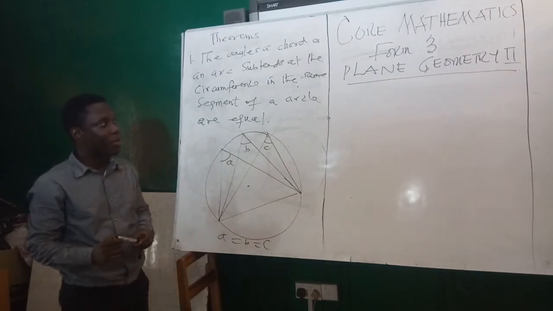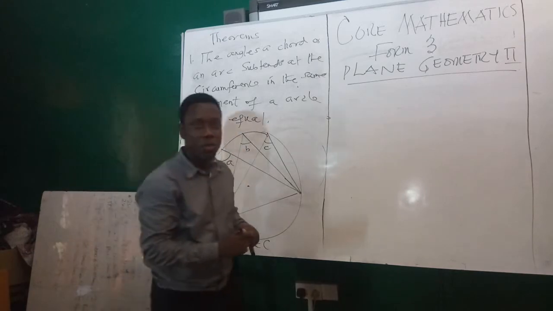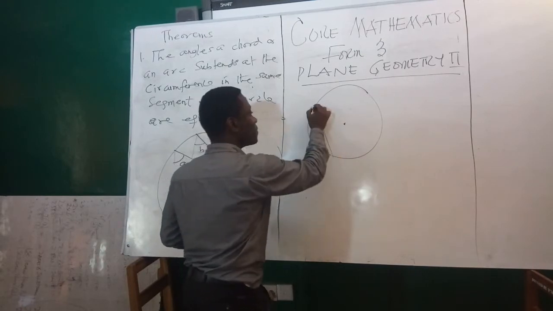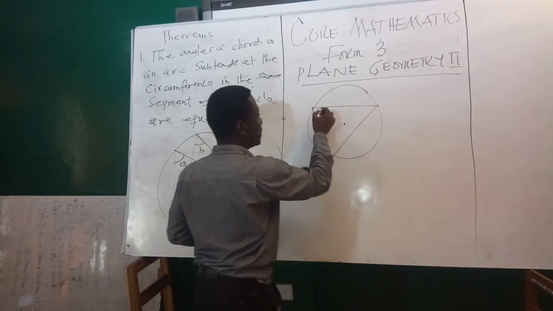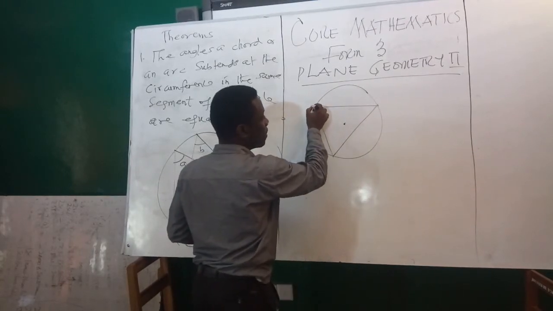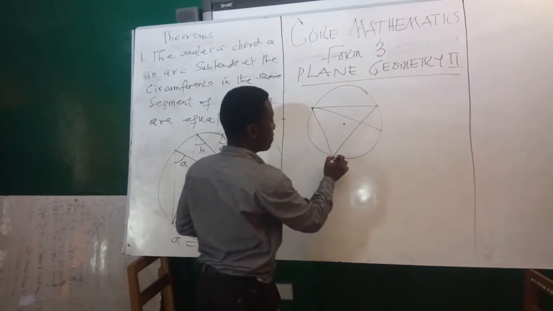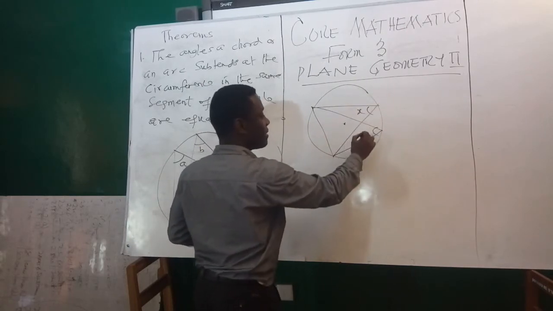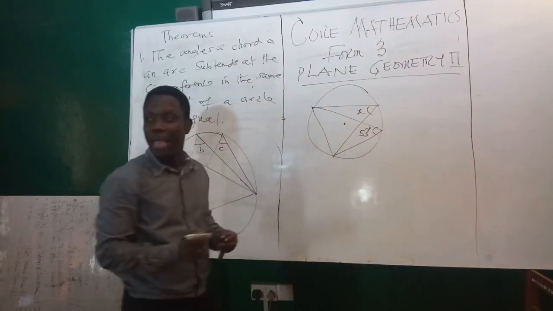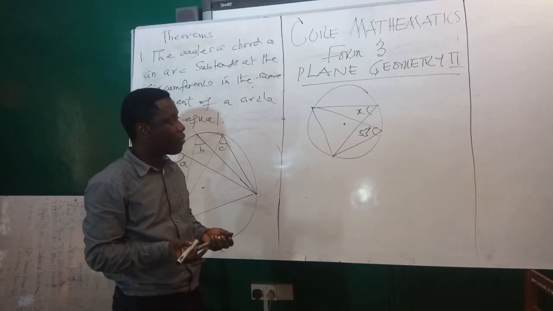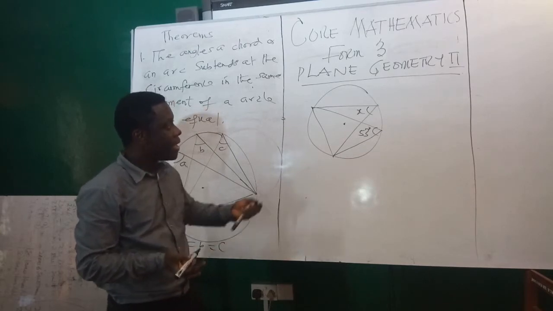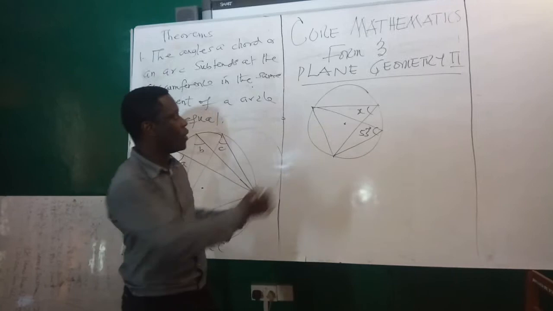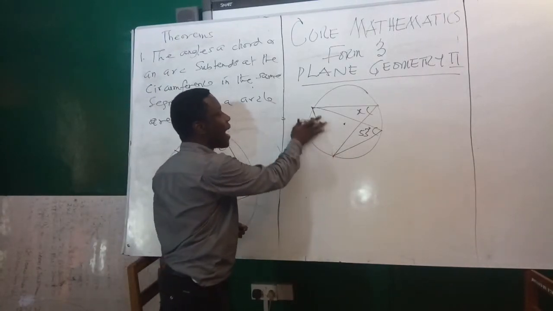Now let me put up a simple example to explain that. So in a typical example, you were given something of this nature, and you were told that, for example, this angle is X, and this angle is, let's say, 53 degrees, and you were asked to find X. What we are saying is that these angles are formed at the circumference by the same chord, which is this particular chord, or sometimes you may not even have the chord there at all.